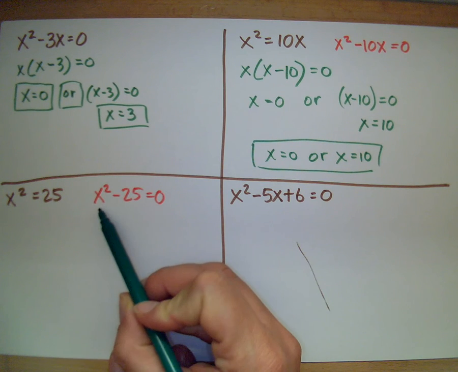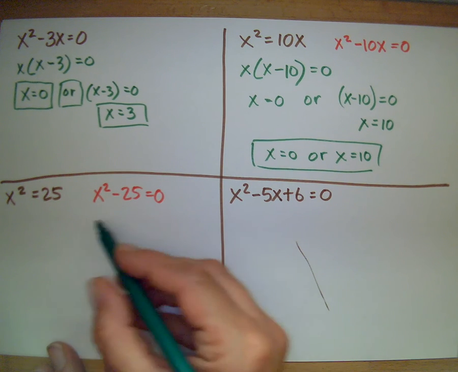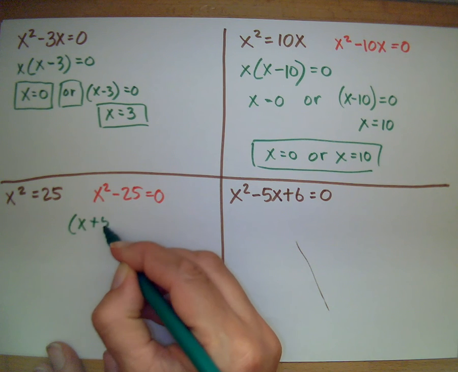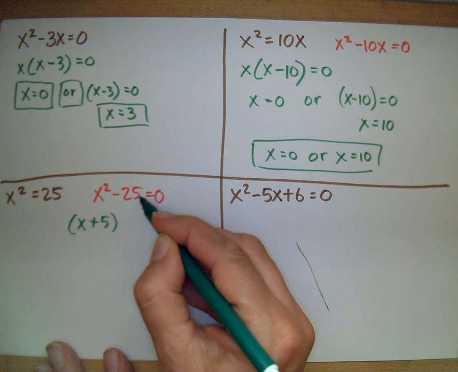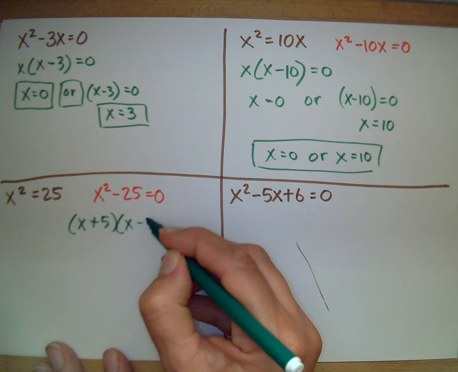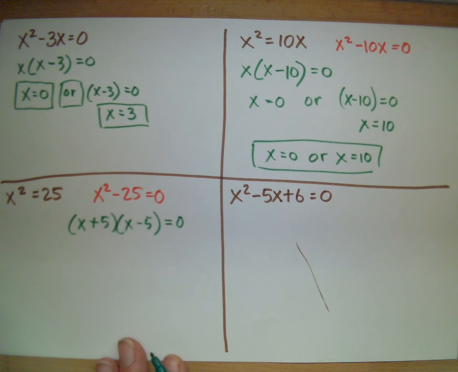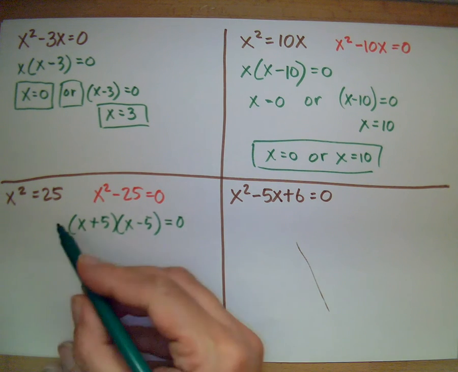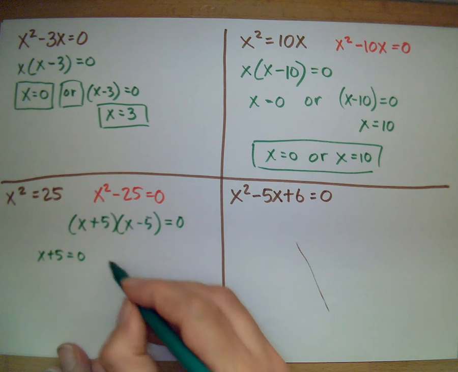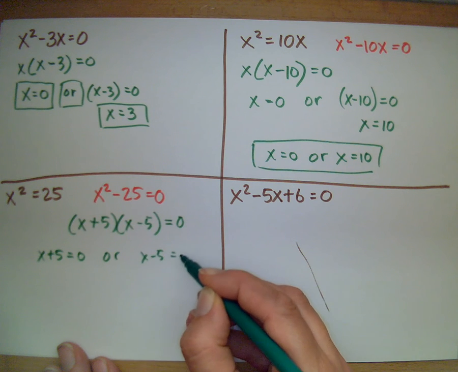You need the word or. Here we have the difference between squares. So when we factorize this, we get x plus 5, because 5 is the square root of 25, and x is the square root of x squared. Remember how we did these? That means either x plus 5 is equal to 0, or this one, x minus 5, is equal to 0.